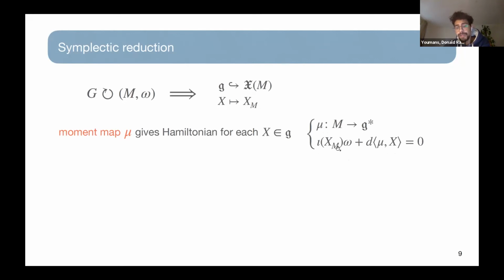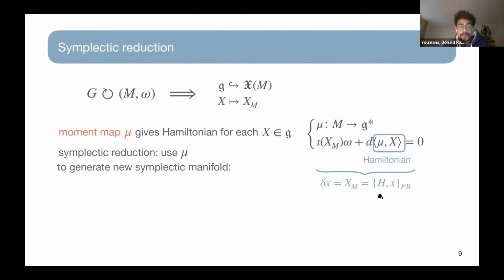Namely, if we contract the fundamental vector field with the symplectic form, then this thing is exact. And the function, the primitive of the exact part, is given by the moment map contracted with the element x in G. So in principle, we can just say, okay, if we contract mu and x, since mu takes values in G star and x in G, this will just give us a function on M. And this is the Hamiltonian which generates the G action. So basically it says if we have here this G action, then its flow is kind of defined by a Hamiltonian flow.